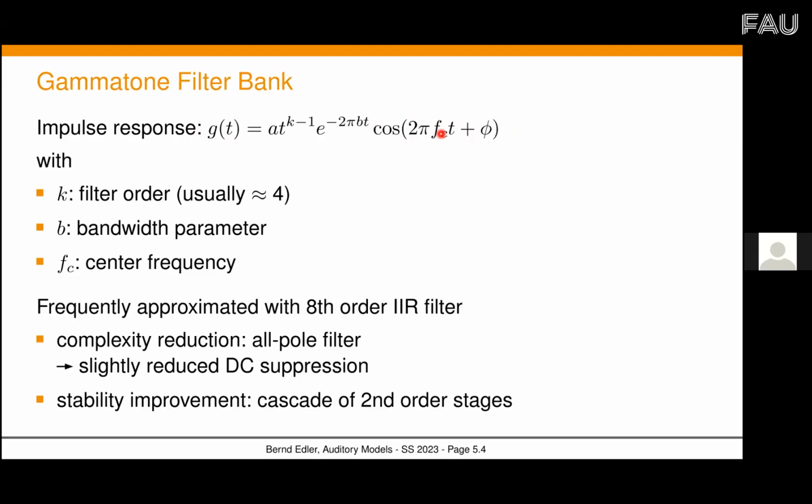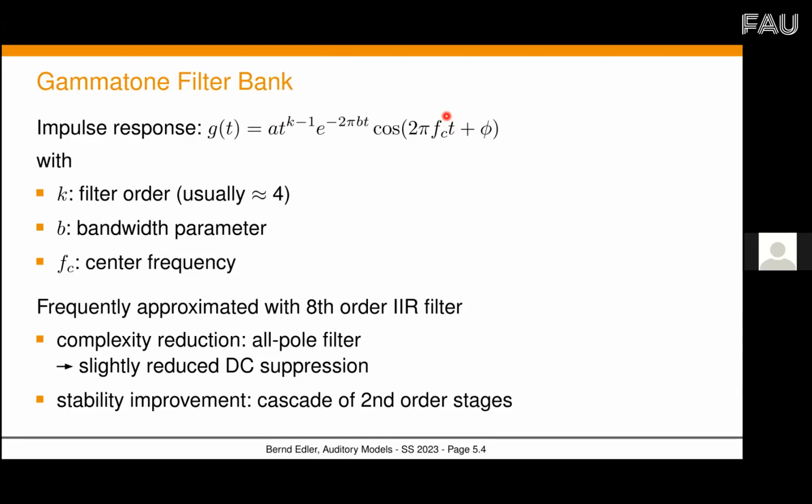This is, in frequency domain, a shifting to positive and negative frequencies, because cosine has a positive and a negative frequency component in the complex domain, let's say. And that's why you get then a bandpass filter. You make out of this Fourier transform, let's say, of this function, this would be shifted so that its center ends up at f0. And this is then the impulse response of a time continuous gamma tone filter.